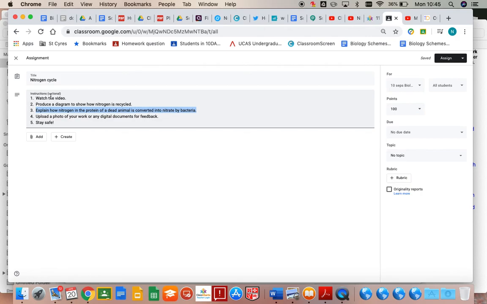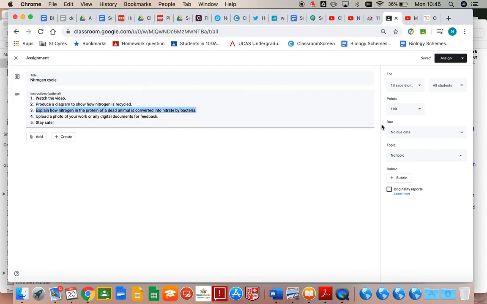I know this is lots of different bacteria, and not the most exciting topic that the WJEC chose to tack onto the separate science, but that's what it is. We'll do a little bit more on this next lesson, focusing on the bacteria. Then upload a photo of your work or any digital documents, and I'll give you some feedback. I've been very impressed with what I've seen so far from you, so keep it up and stay safe.